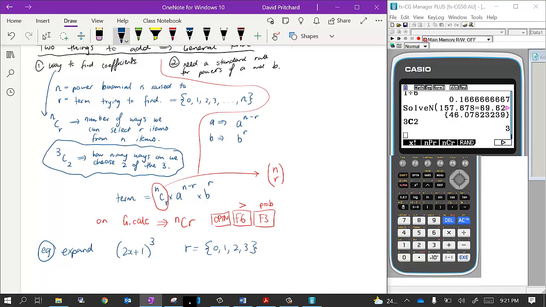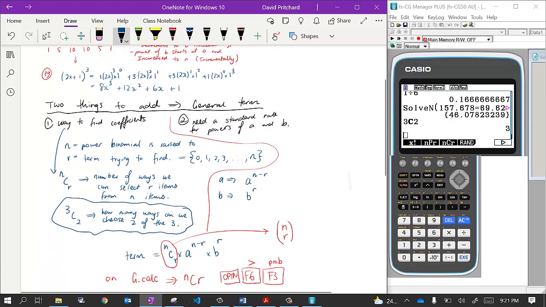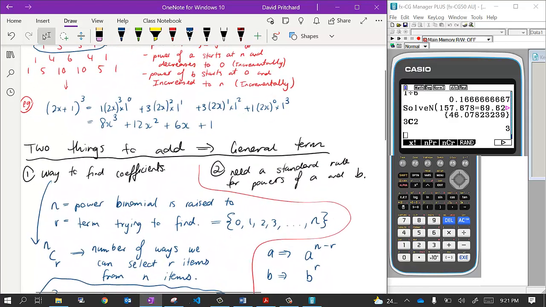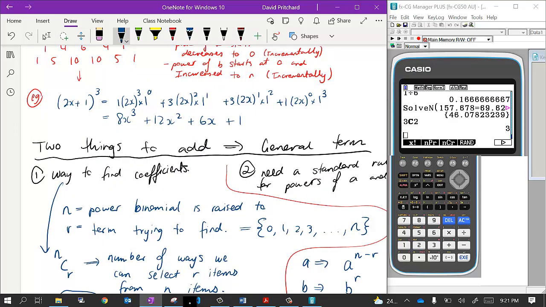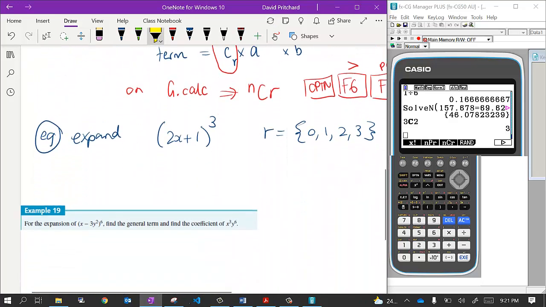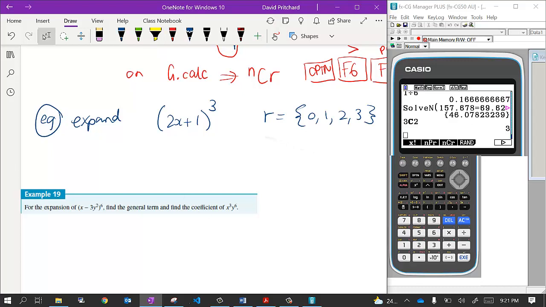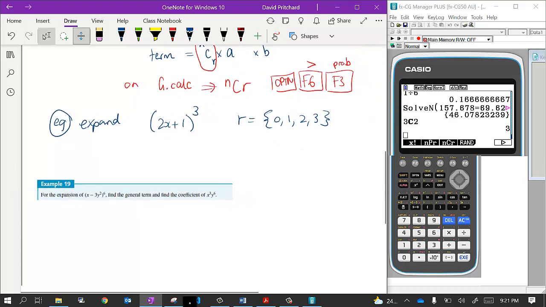So it's going to be a 0th term, a first, second, third. If we go back up, we can see that. So this first one will be our 0th term. So here's 0, here's 1, here's 2, and here's 3. We should get the same thing using this binomial theorem.